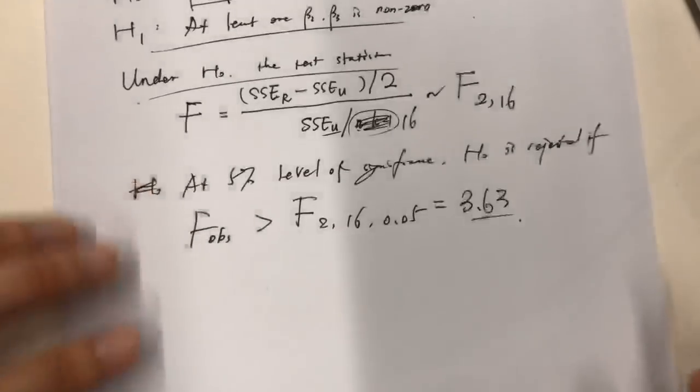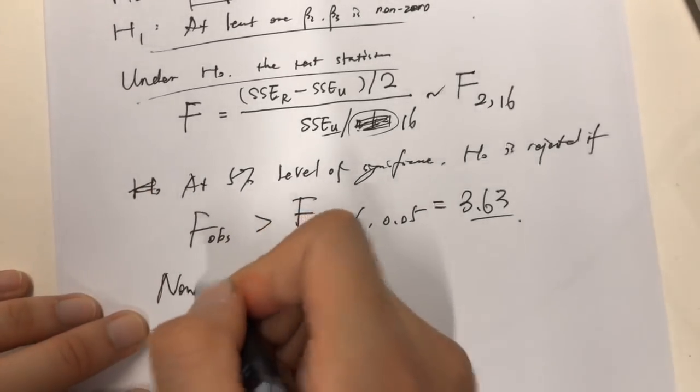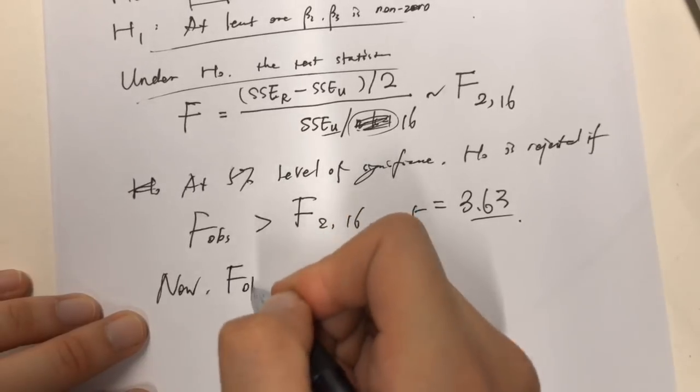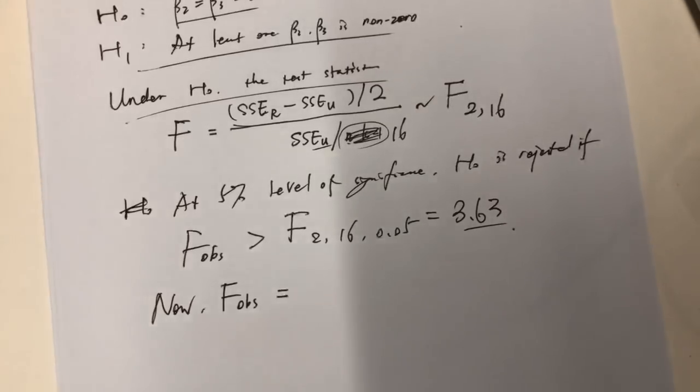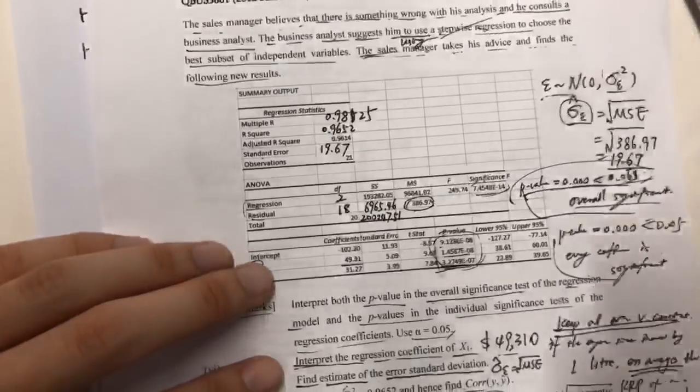So now let's calculate the observed F. What is the SSE of the restricted model? Let's find it out. The restricted model is here.